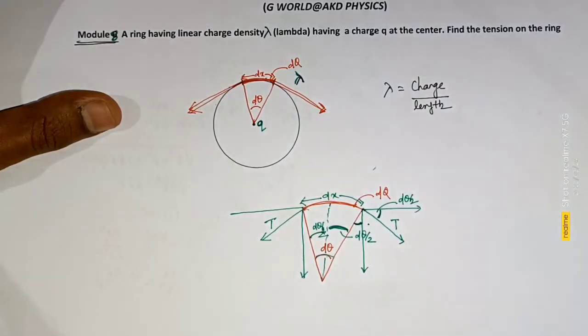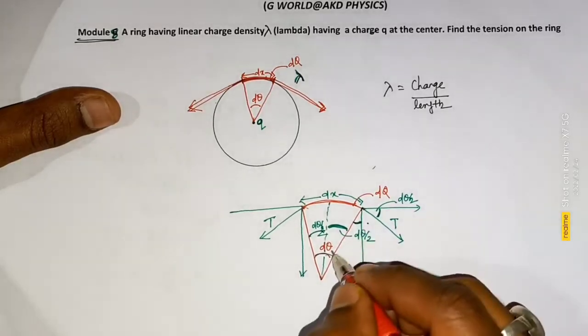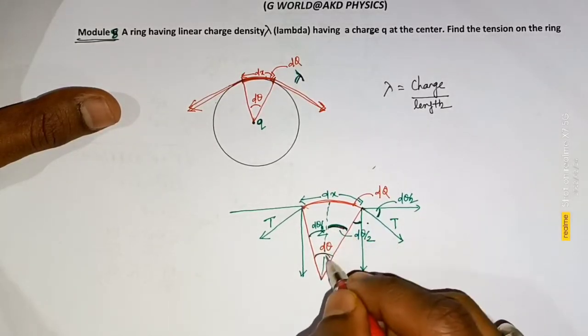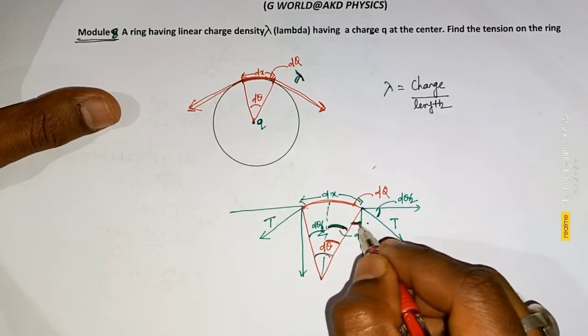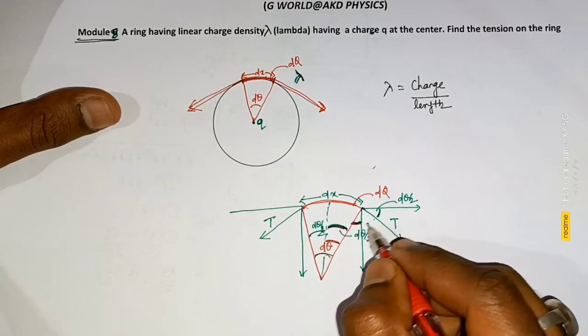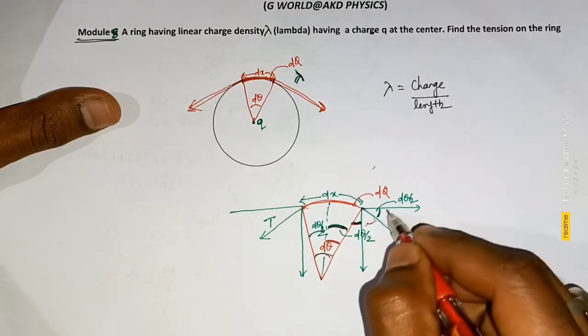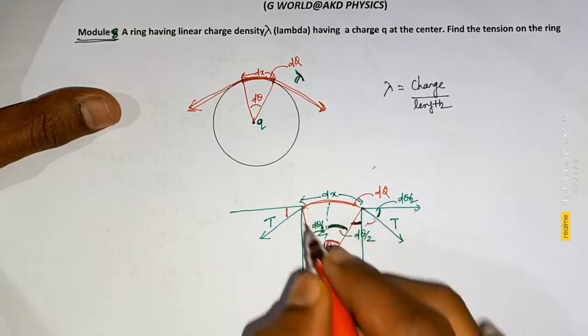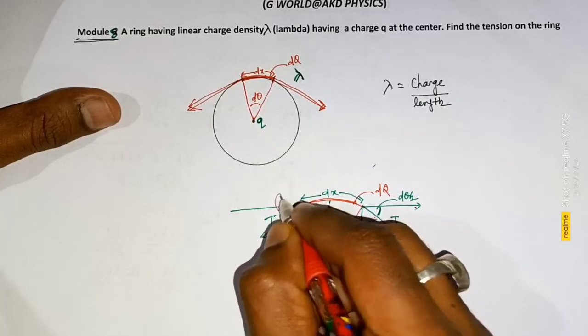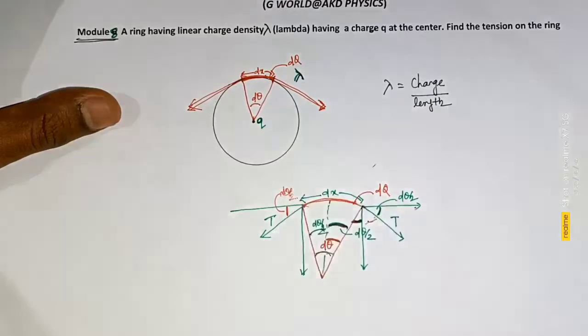One more time I want to repeat this from the student perspective. If this is d theta by 2, this angle is d theta by 2, definitely this angle is d theta by 2, and this is 90 minus d theta by 2, so this angle is d theta by 2. Similarly, from the symmetry perspective, this angle is also d theta by 2.